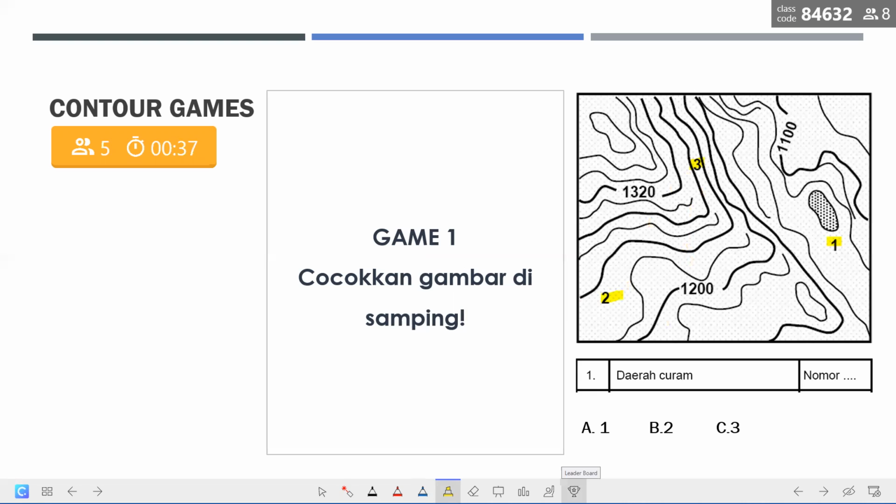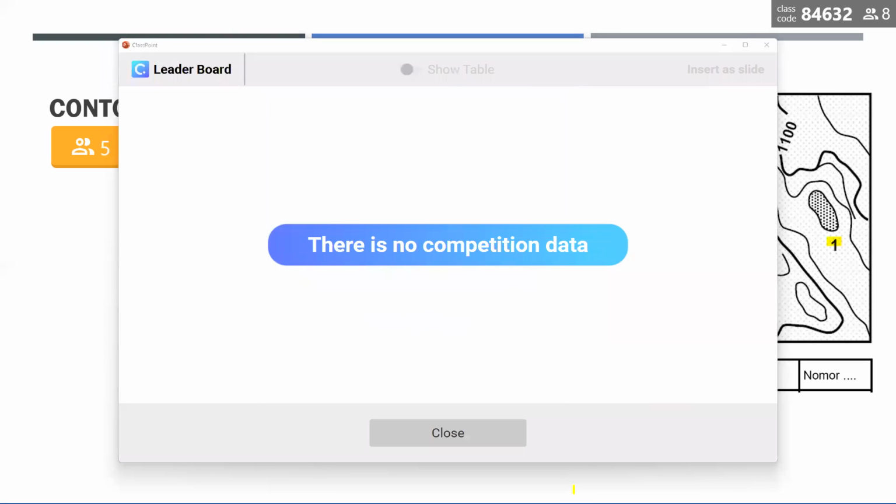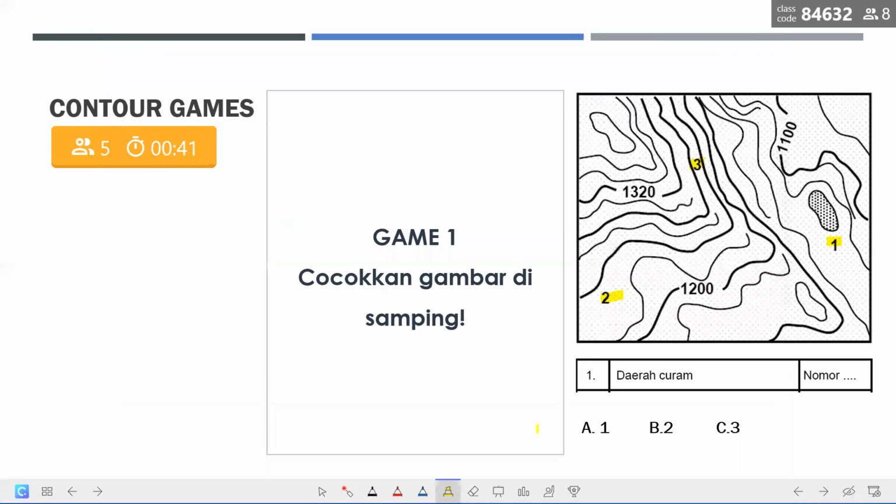Just a couple more seconds to complete this exercise. Five, 4, 3, 2, 1.